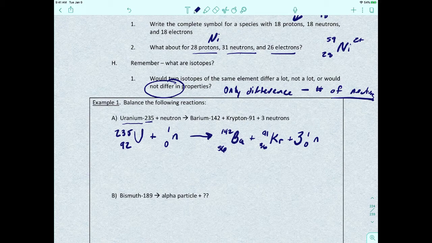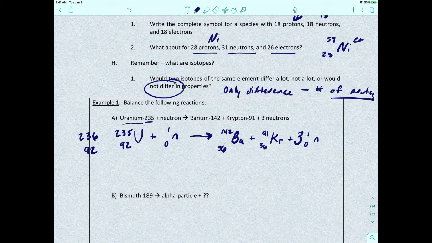Now the only thing is we've got to make sure that these numbers balance out. On the left-hand side, let's add up the masses. You've got 235 plus 1, so the mass on the left-hand side is 236. For the atomic number on the left-hand side, you've got 92 plus 0.